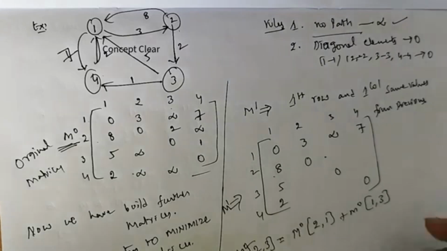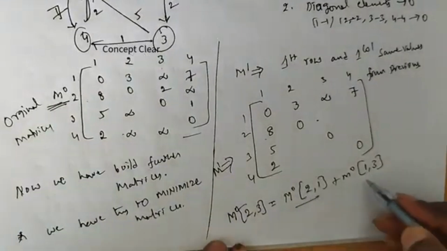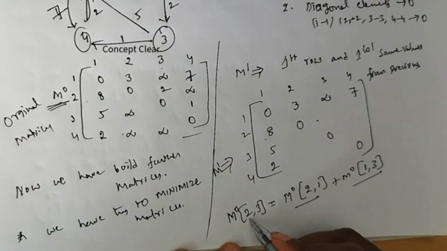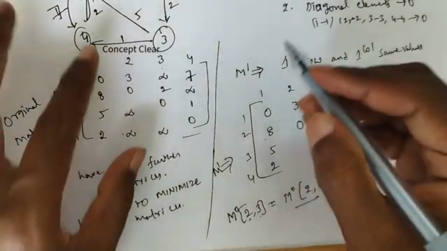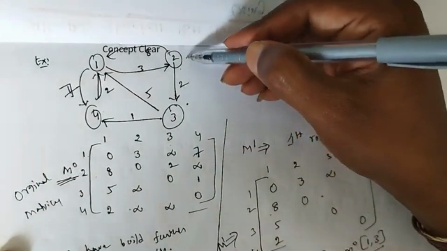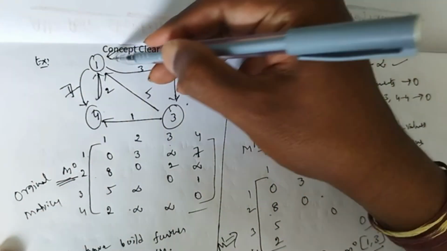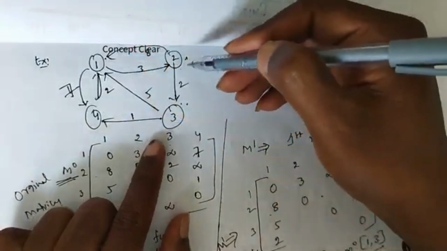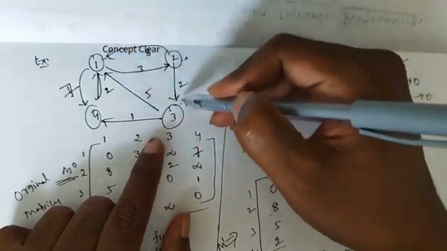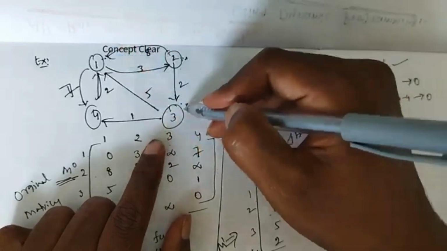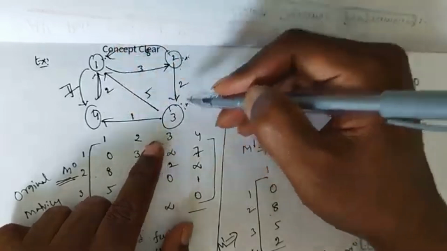Don't get confused about how we are getting 2 to 1 and 1 to 3. What is the common element between 2 and 3? See in the graph, between 2 and 3 the common element is 1.